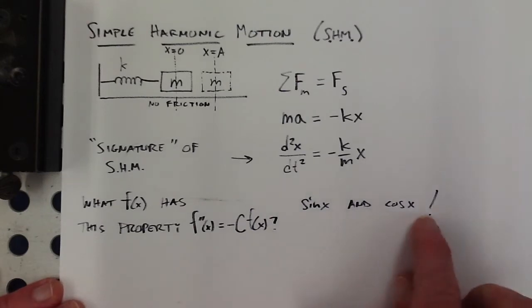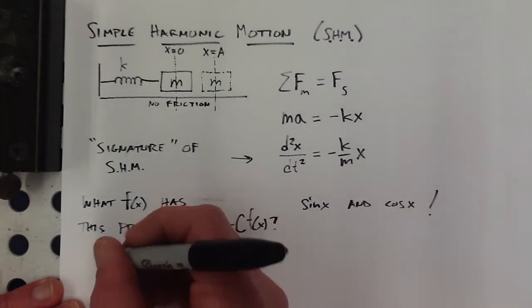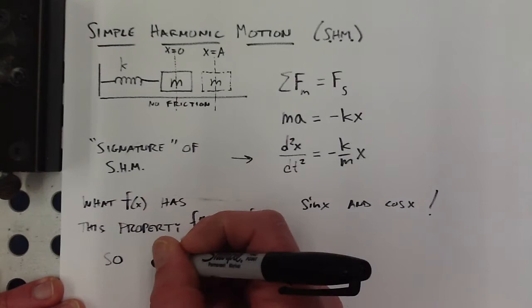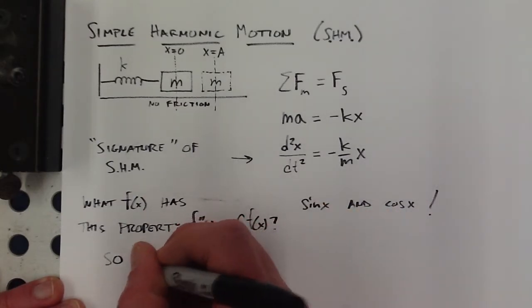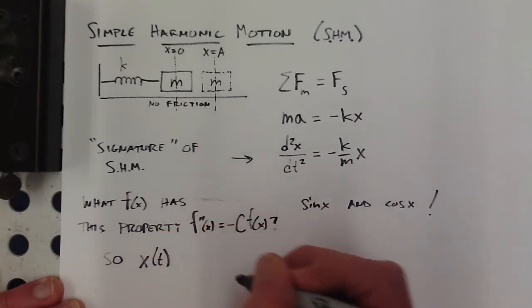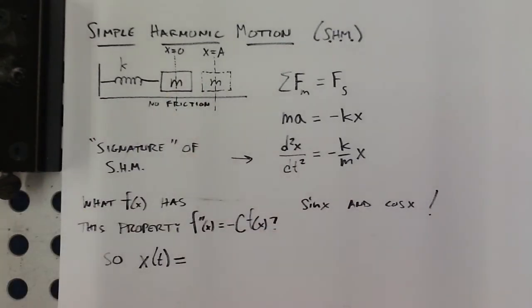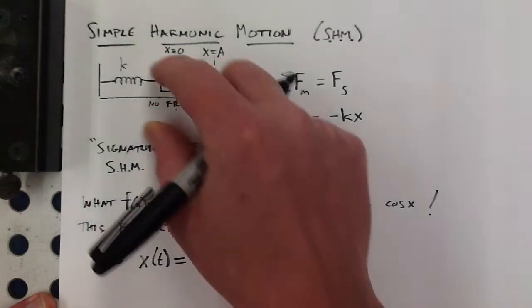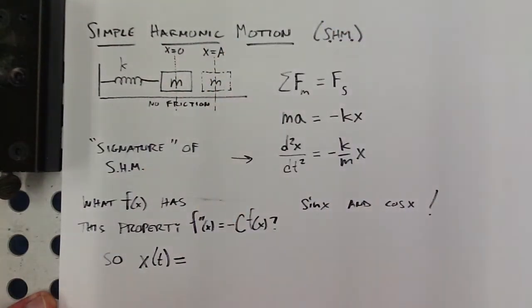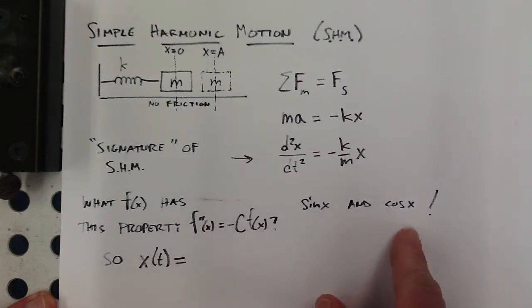So that means that the position as a function of time must be equal to, well, let's think about this for a second. As I pull this thing off to the side and let it go, you could use sine or cosine to model this.